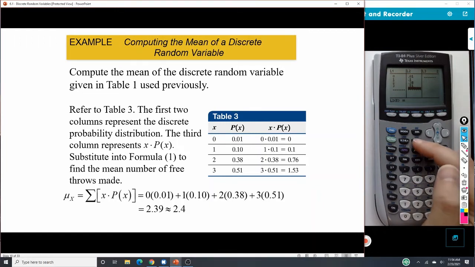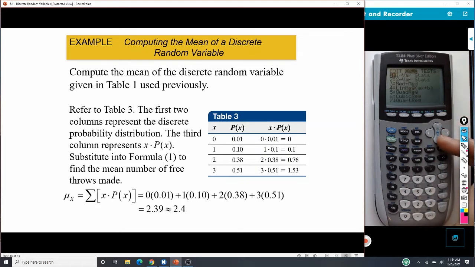All right, so now we're going to go back over to stat. We're going to move over to calc, and we're going to do our 1-Var Stats. Now do remember that if you have an 83, remember to put in your parentheses. I'll write that out in just a moment so that you can see that. But if you have the 84 like mine, you want to have your L1 here in your list, and your frequency is L2.